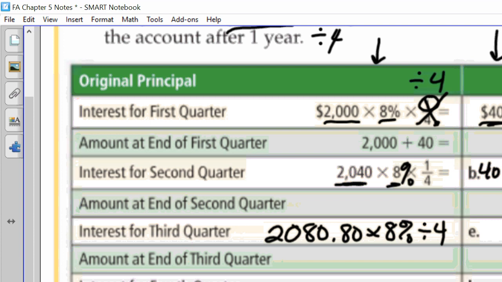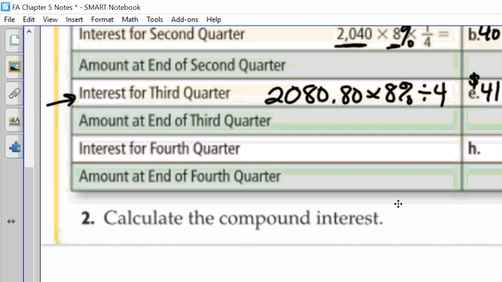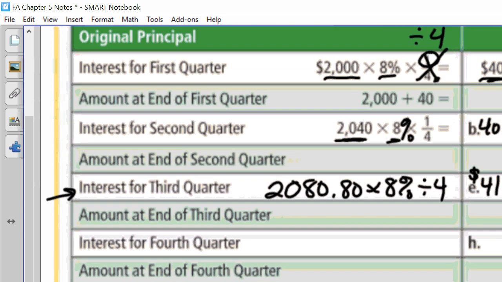And then Kaylin, what do we get for interest on our third quarter? Yeah, now that we're making more than adult, we're making 41 instead of 40, which killing it. Okay. So then, Emma, can you add those two together for me? So we add these two together, 2,080.8 plus $41.62.